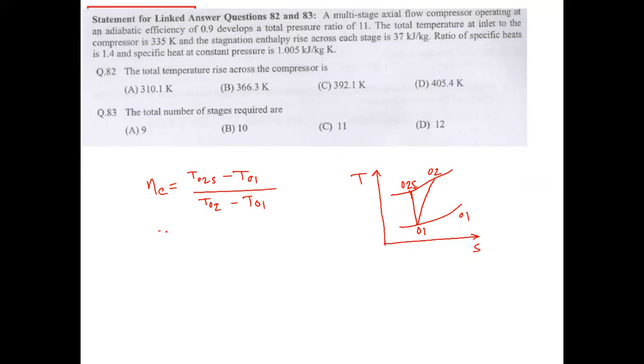So by taking TO1 common from both numerator and denominator, it gives (TO2S by TO1 minus 1) divided by (TO2 by TO1 minus 1).